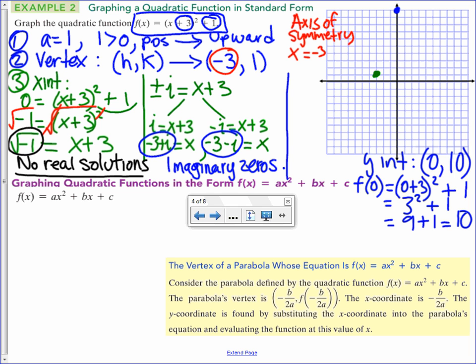So I'm just going to trace it here. And so if the graph is symmetric with respect to that line, how many units do you count from that axis of symmetry to the y-intercept? 3 units, right? So what that means is that we should have another point, 3 units to the other side from the axis of symmetry.